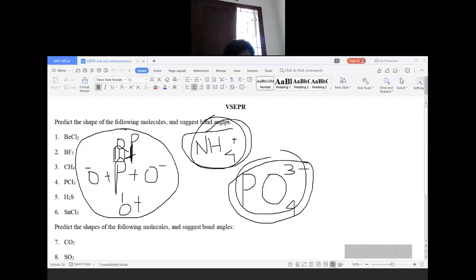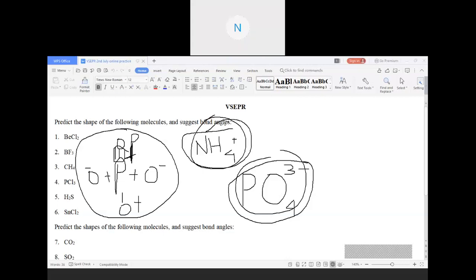Also similar to phosphate, the 3 minus. 3 minus for which atom? It is for the ion, because phosphate is a unity. We should not separate it. How do we know which electrons are being removed?